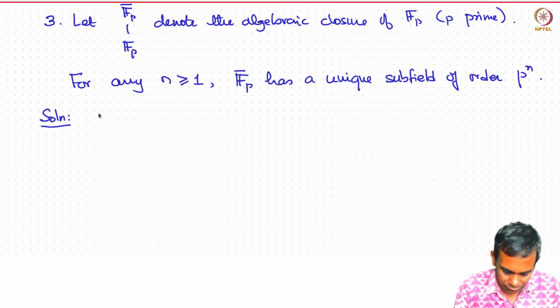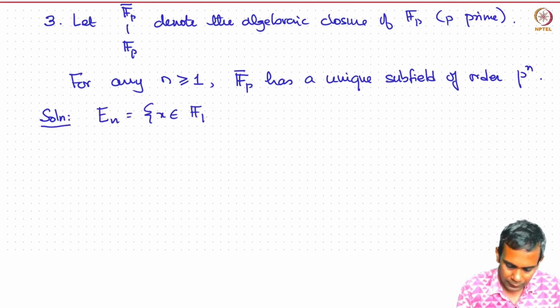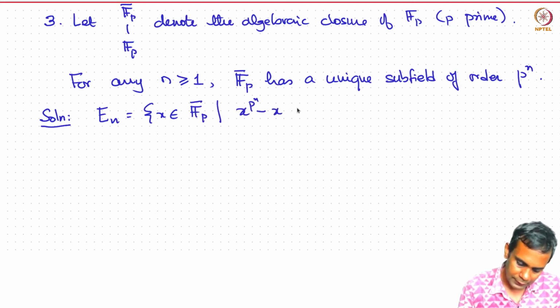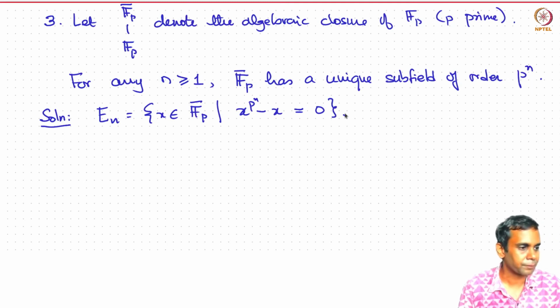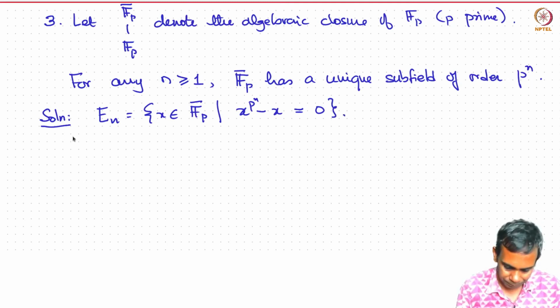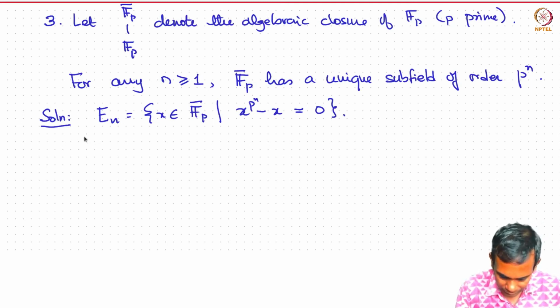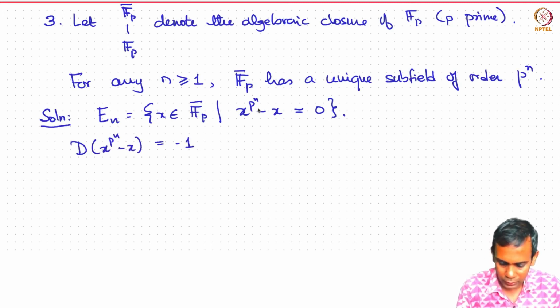Just define En to be the set of all elements x in Fp bar such that x to the p to the n minus x is equal to 0. Note that if we take this polynomial x^(p^n) - x, its derivative is equal to -1 because p to the n is 0 in a field of characteristic p.